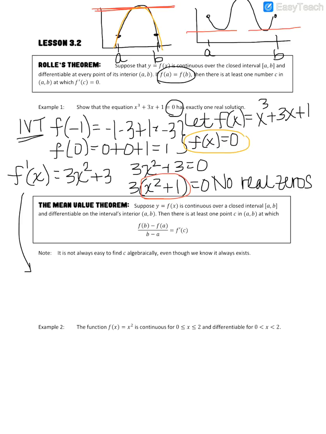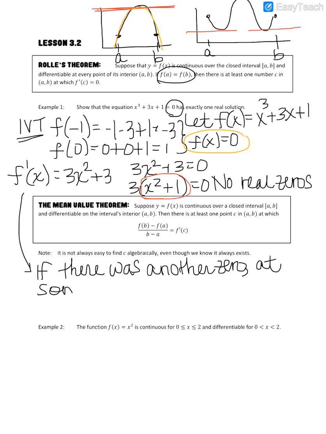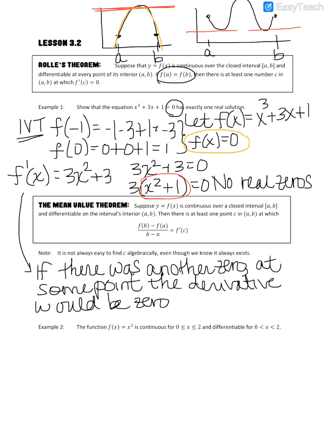I'm going to write: if there was another 0 at some point, the derivative would be 0. So there is only one solution.